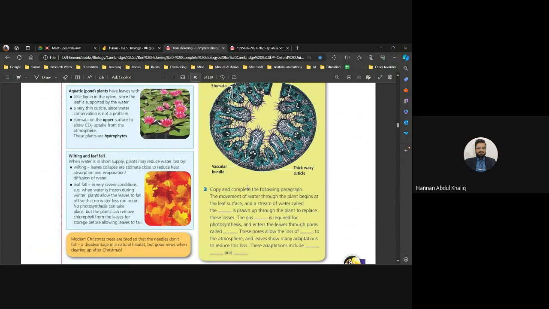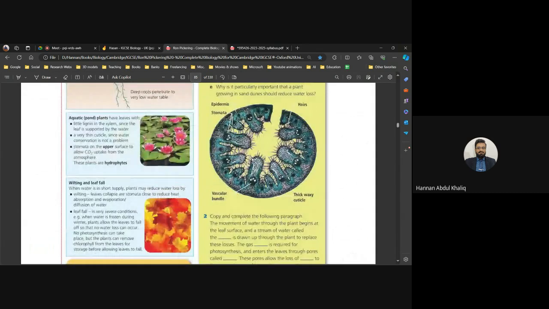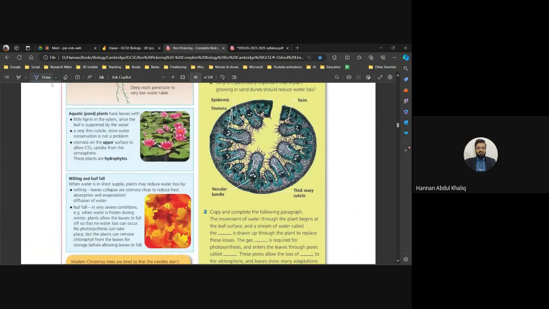Now in these two, you can clearly see another in this particular leaf. You know that the plants that live in the water are called hydrophytes. The plants that live in the desert are called xerophytes.